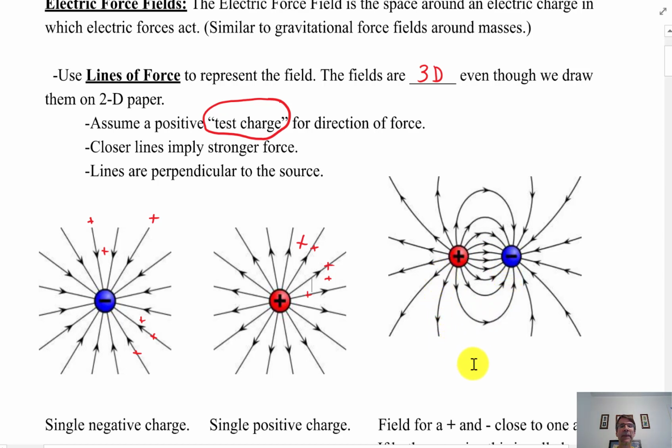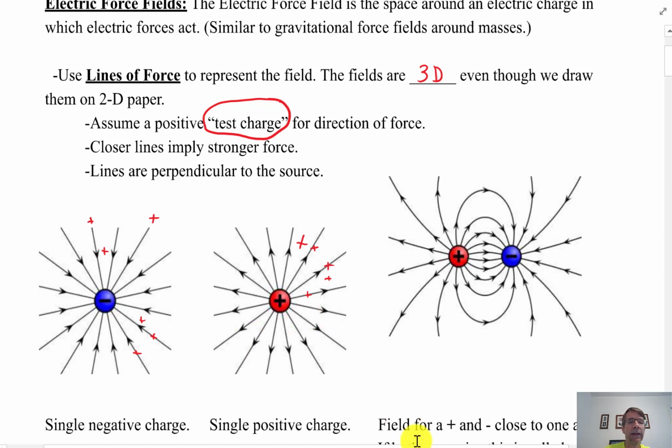Some other things to keep in mind: you can draw more lines in every diagram, but once you stop drawing them in any one of these diagrams, the closer together these lines are, the larger the forces are going to be. We're going to be calculating forces, and don't get scared, they're not that hard to calculate. Well, we've already done some calculating, Coulomb's law. We're going to do some more of that in a little bit. Anyway, the closer together the lines are, the stronger the field is.